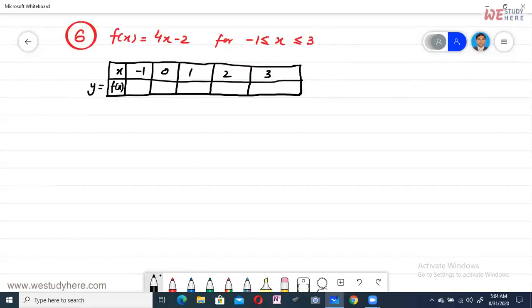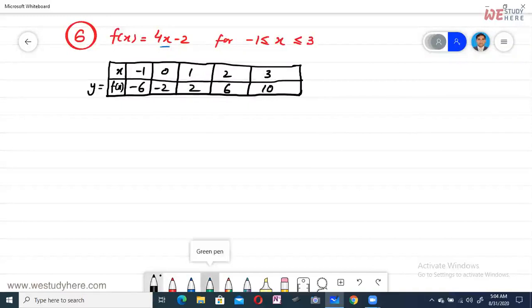When x is -1, 4 into -1 is -4, -4 - 2 will be -6. 4 into 0 is 0, 0 - 2 will be -2. 4 into 1 is 4, 4 - 2 is 2. 4 twos are 8, -2 is 6. 4 threes are 12, -2 is 10. These are the range values.